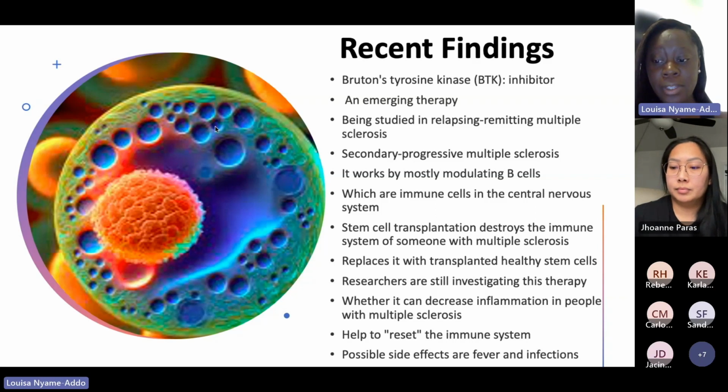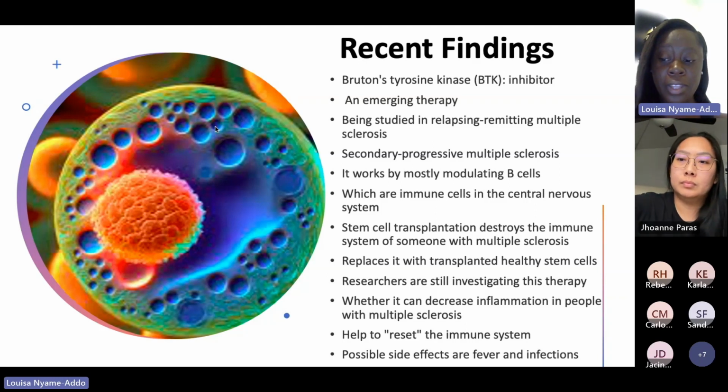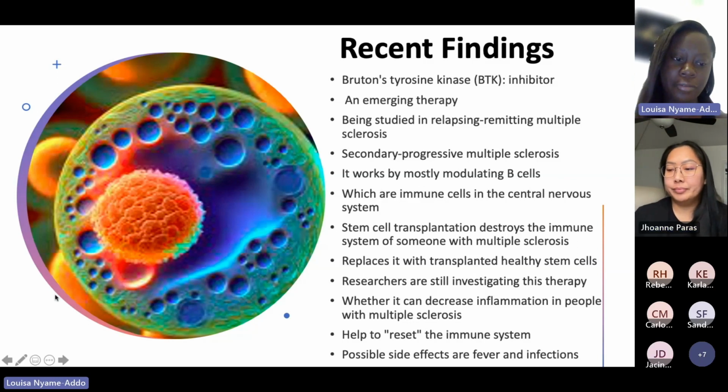Stem cell transplantation destroys the immune system of someone with MS and then replaces it with transplanted healthy stem cells. Researchers are still investigating this therapy and whether it can decrease inflammation in people with MS and help to reset the immune system. Possible side effects of these are fever and infections. I will now pass it back to Jhoanne, who will be talking about another recent finding.